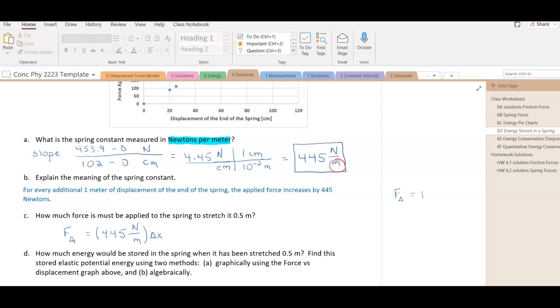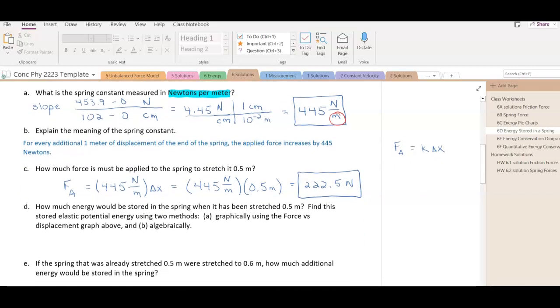The applied force equals the spring constant times the displacement. So I'm going to plug in. I've got 445 newtons per meter, and they're giving me a displacement of half a meter. And so that would be 222.5 newtons. That's how much force it would take to displace it by half a meter.